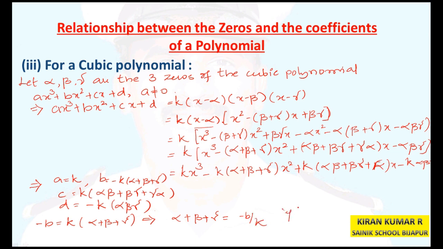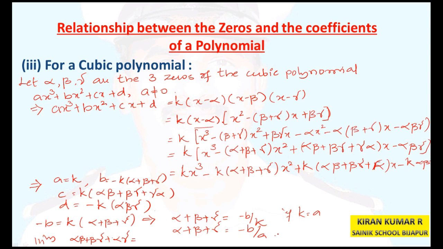If k is equal to a, it becomes alpha plus beta plus gamma equal to minus b by a. Similarly, alpha beta plus beta gamma plus alpha gamma will be equal to c by k.